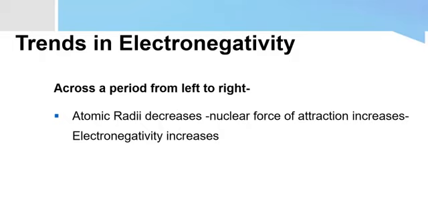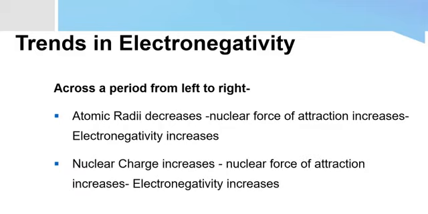So the atom will easily accept an electron and the electronegativity will increase. Same here also, nuclear charge increases, so the nuclear force of attraction will increase, therefore electronegativity will increase. So both the factors are supporting that electronegativity will increase.